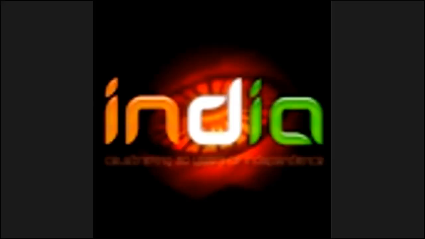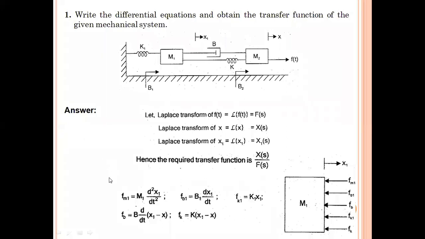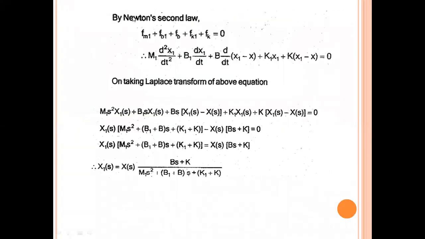Okay. So for each and every mass element, we must draw the free body diagram. So 5 forces are acting on m1. We know individually what those equations are, and according to Newton's second law, all the opposing forces must be equal to all the applied forces.